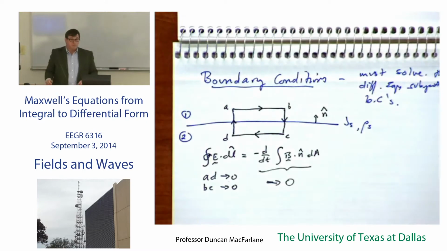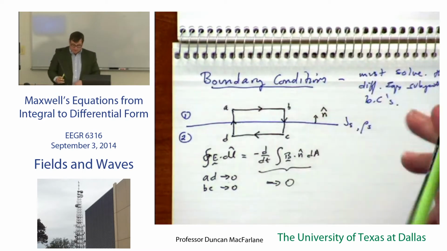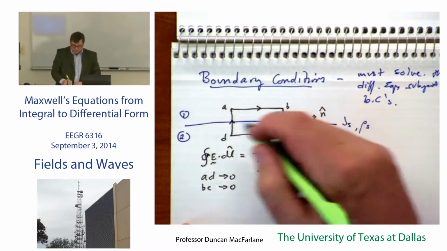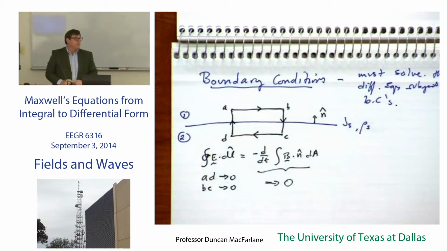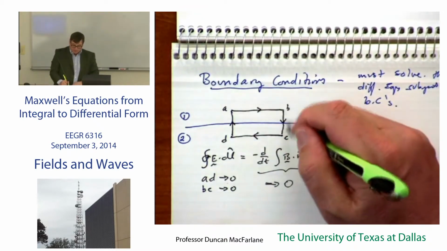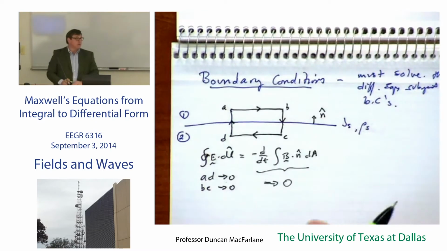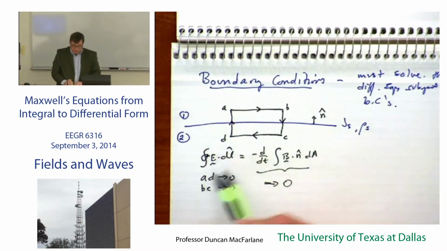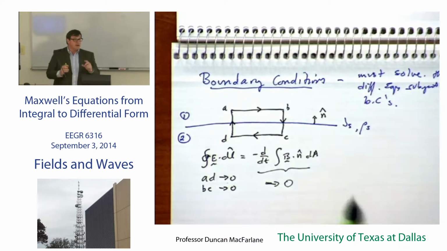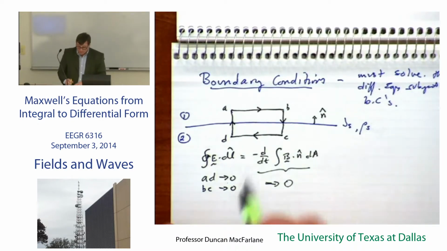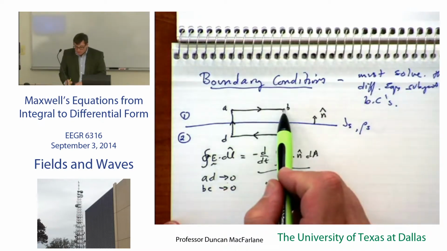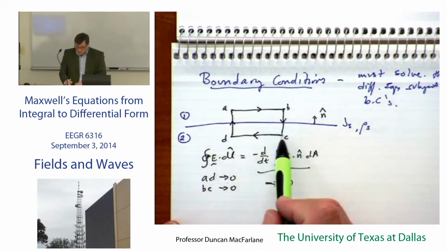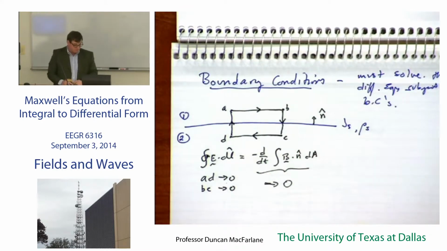And so across here, my electric field will be the normal component dotted with minus normal here and positive normal there. But the lengths of those are going to go to 0 because A to D and B to C are going to go to 0. So my 4 lines here are now going to be turned into 2 lines: the electric field on this leg, and the electric field on this leg here.